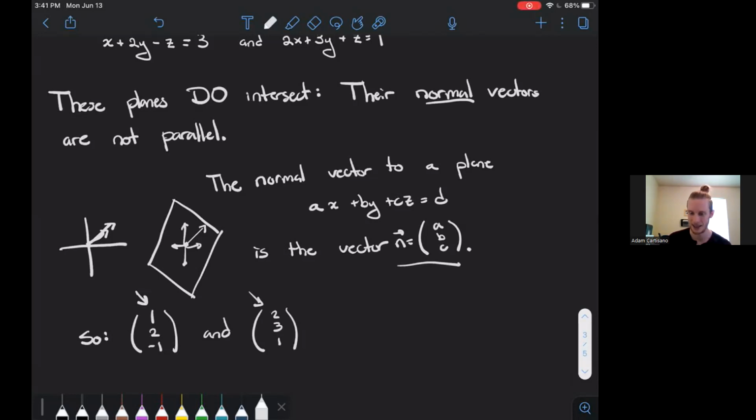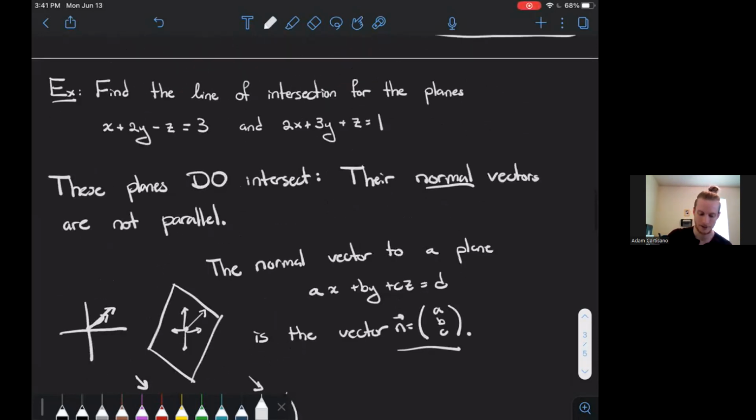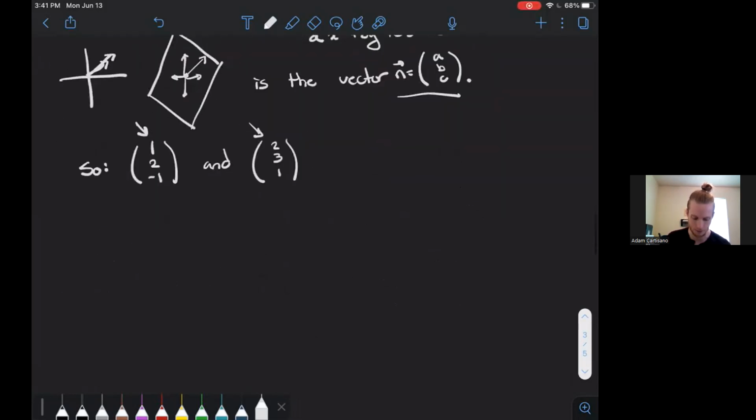Great. But we didn't need to know any of that in order to solve this problem, because it says find the line of intersection for these planes. It is a really cool geometry thing, though, and it helps to set the stage a little bit. So what do we actually do?